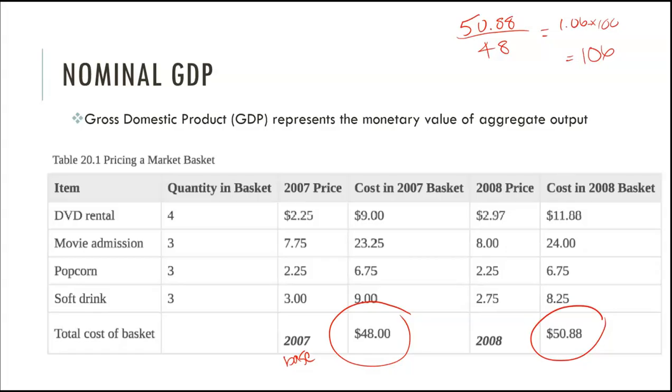And if we were trying to adjust 2008, this is going to give us our nominal GDP, but if we wanted to adjust this to a real GDP, we would say 50.88 divided by our price index of 106, and then multiply by 100. So 50.88 divided by 106 is 0.48, multiply by 100, and then you get $48.